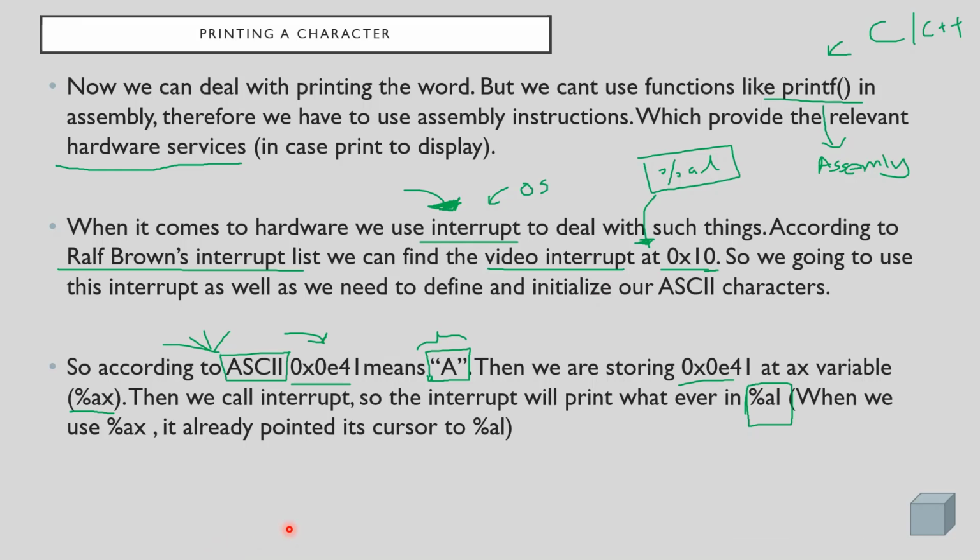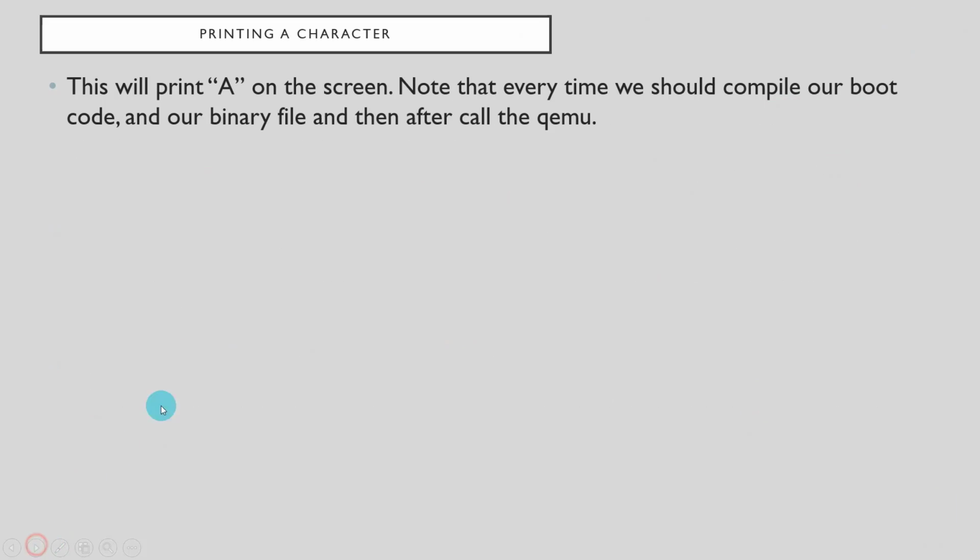Let's go back to the presentation. So it will print A on the screen, and as I said before, you should compile your boot code and binary file again and again before calling QEMU. Otherwise, it won't work.